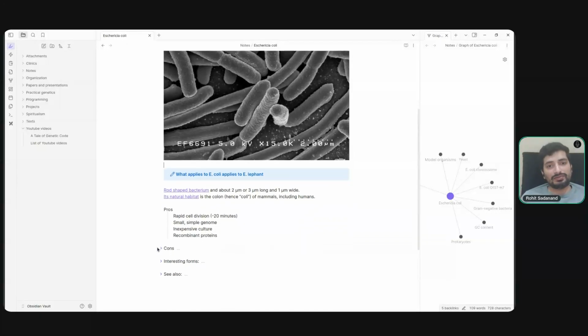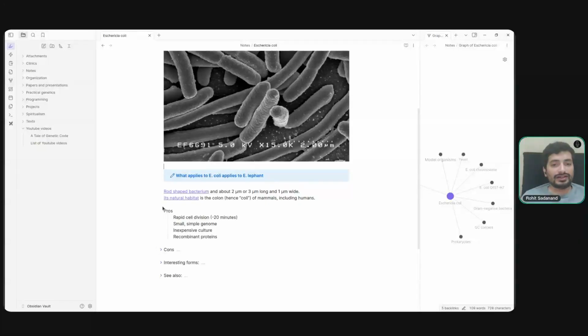But from the point of a model organism, it is a good one because it divides very, very fast, right? So a single cell cycle can complete in 20 minutes. That is a doubling. So if you start off with 20 cells, then you can imagine 40 cells, 80 cells, 160 cells.